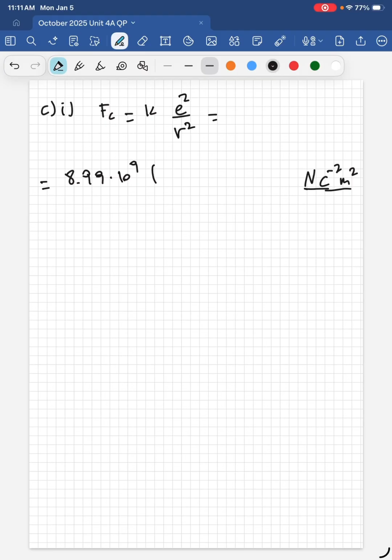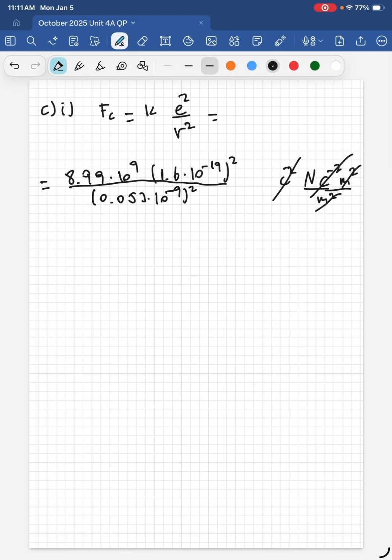No. Okay, and then the electron has a charge of 1.6 times 10 to the negative 19 squared, and then you have coulomb squared. Remember, I pull all the units to the right and all the numbers to the left. And in the denominator we have 0.053 times 10 to the negative 9 squared, and then we have meters squared. Meters and meters cancel, coulomb squared cancels, and we are left with 8.2 times 10 to the negative 8 newtons.